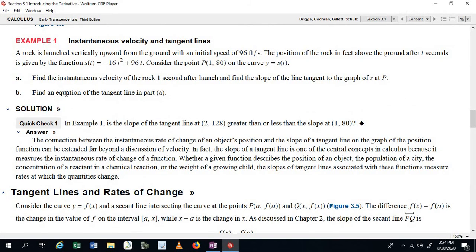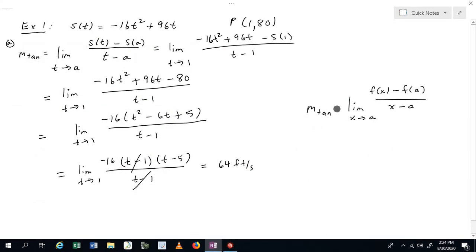Okay, so going back and looking at part B now, we're supposed to find an equation of the tangent line in part A. Okay, so we know the slope of this tangent line, right?